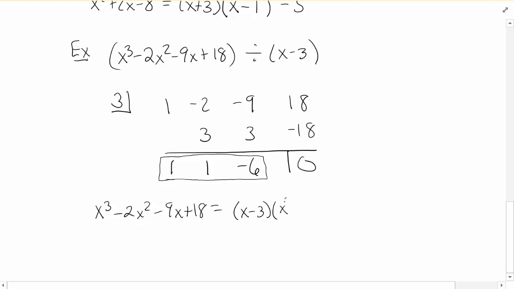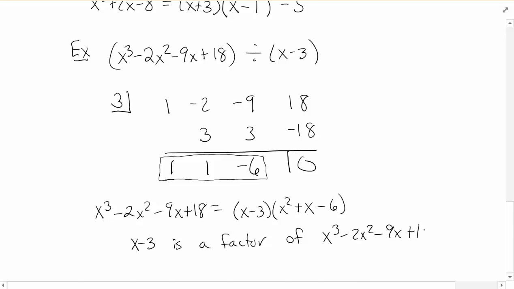So I have a 1x squared plus a 1x minus 6, and I got a remainder of 0, so there's a plus 0 right here. So you can see that x cubed minus 2x squared minus 9x plus 18 factors into x minus 3 times x squared plus x minus 6. So since I got a remainder of 0, x minus 3 is a factor of x cubed minus 2x squared minus 9x plus 18.